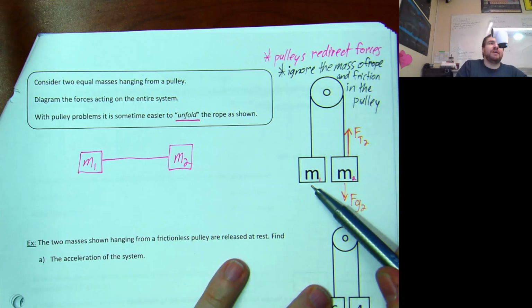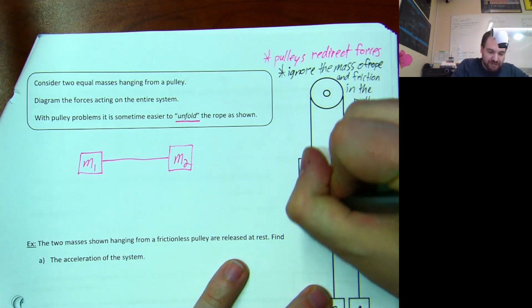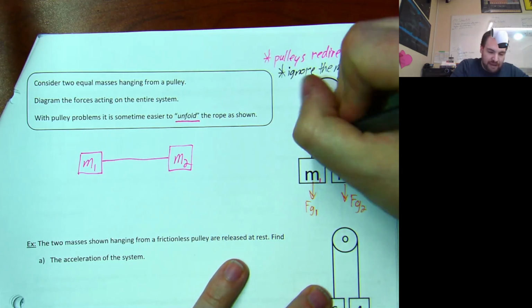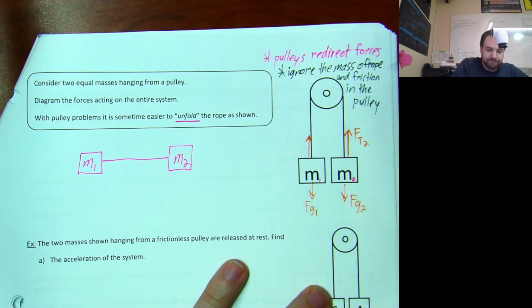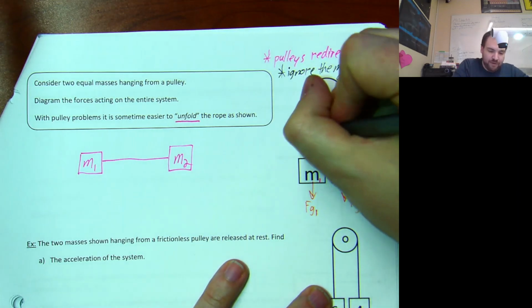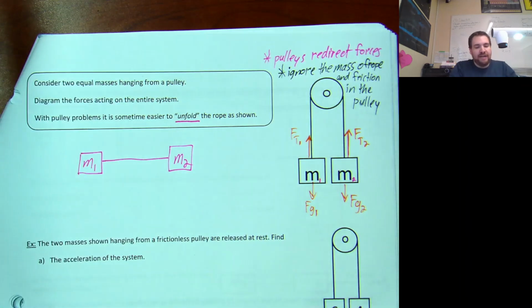What forces are acting on block number 1? Fg1, also straight down. And upwards I'm going to have what? Ft1. Are there any other forces acting on these two blocks? Someone just needs to say the word.